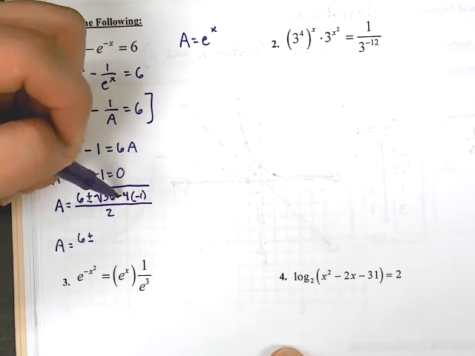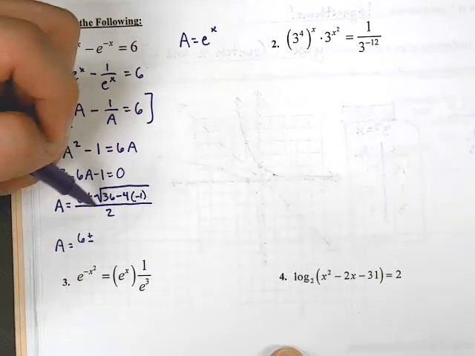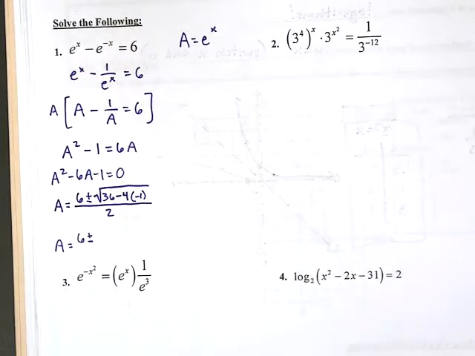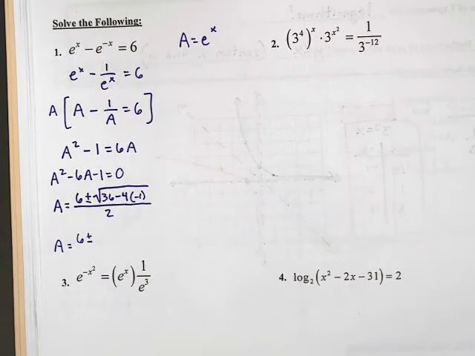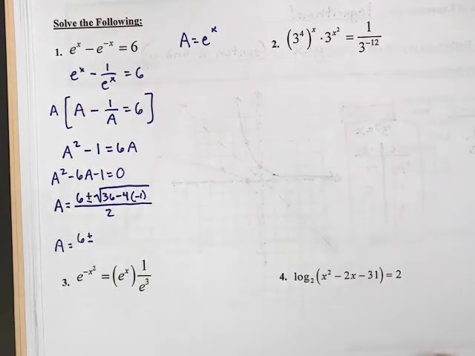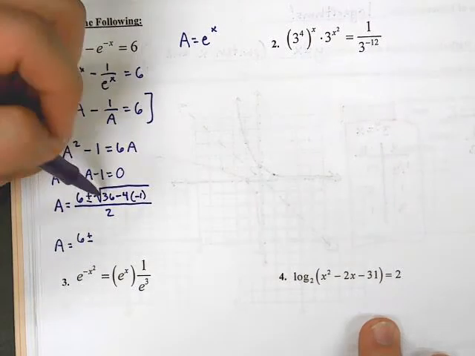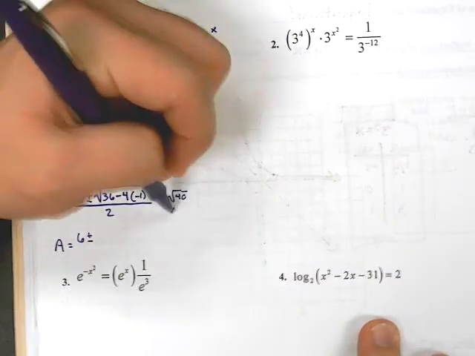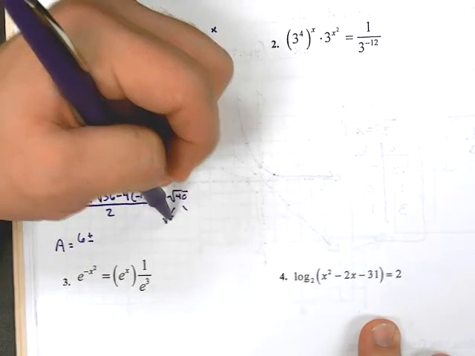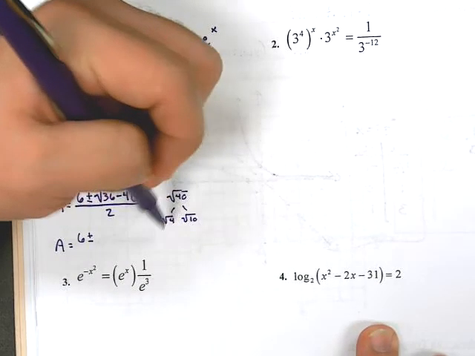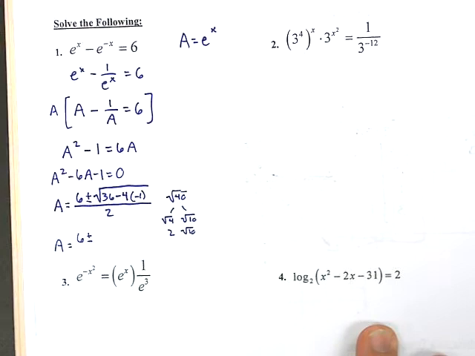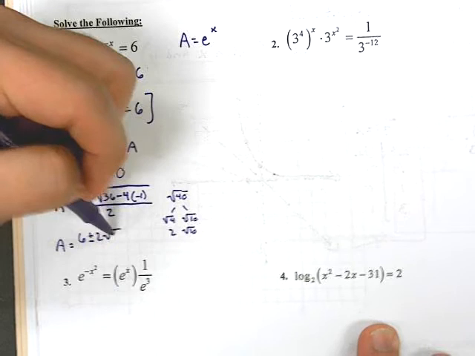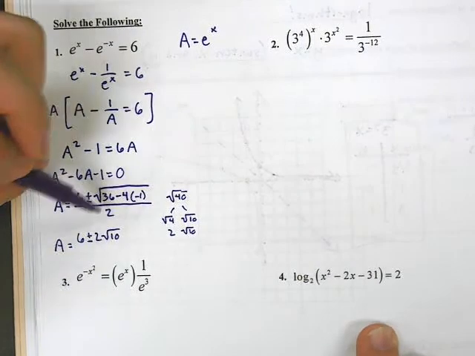Okay, 36 minus negative 4 is 40. I know that I can take out a perfect square of 4 from 40, and the square root of 4 is 2. So square root of 40, if I break it down, is the square root of 4 times the square root of 10, and the square root of 4 is 2, so 2 root 10. Now, these are all over 2.